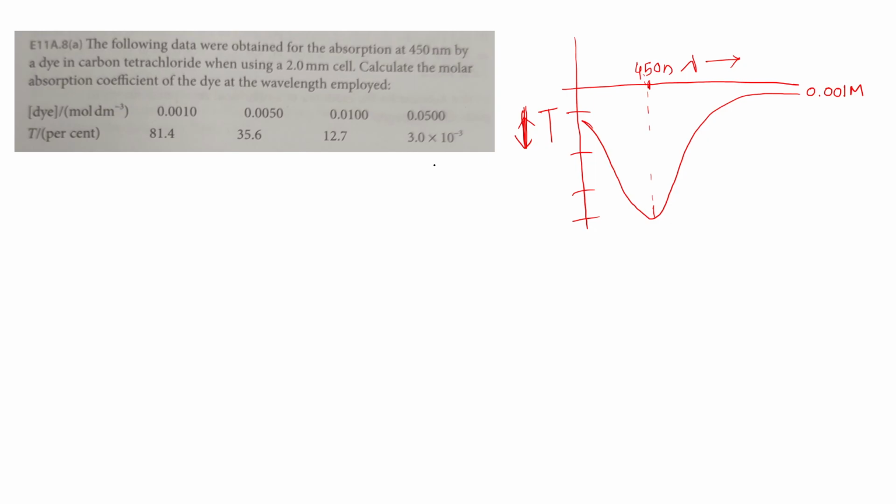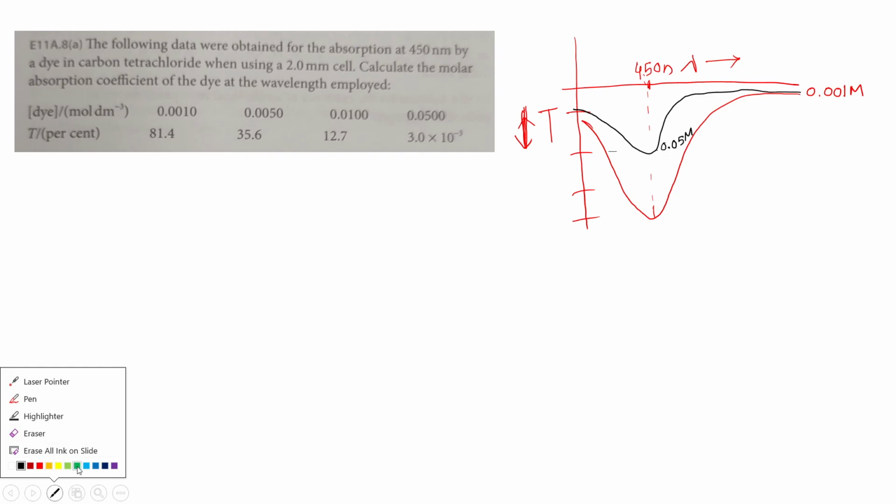Now, when we increase the concentration to 0.05, you see your transmittance percentage has decreased. So what you expect is that it is decreased to this, right? So this is your 0.05 molar. Now, when it went to 0.01, it has decreased the transmittance percentage even further, 12.7.